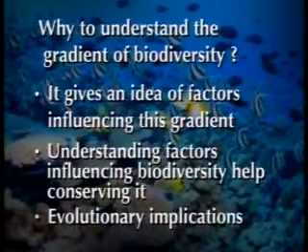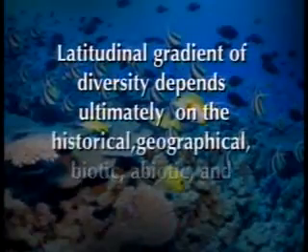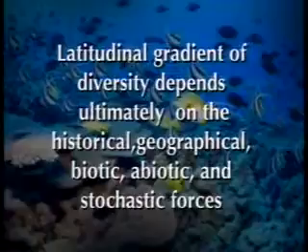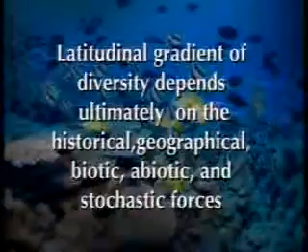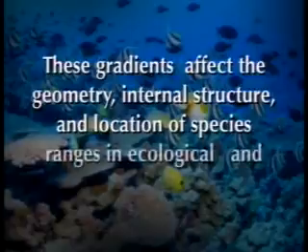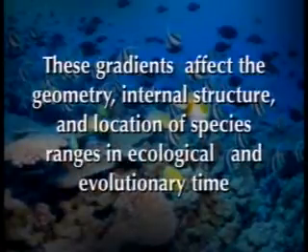And let me tell you once again that the latitudinal gradient of diversity depends ultimately on historical, geographical, biotic, abiotic and stochastic forces which affect the geometry, internal structure, and location of species ranges in ecological and evolutionary times.